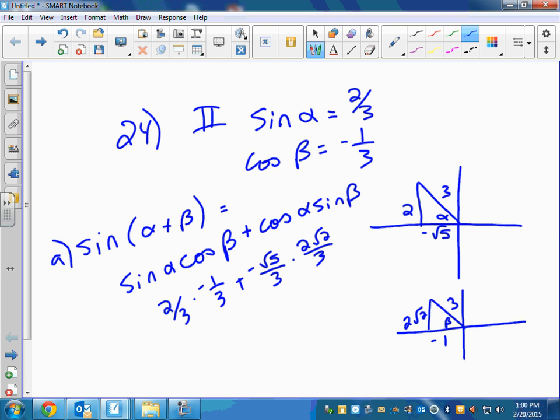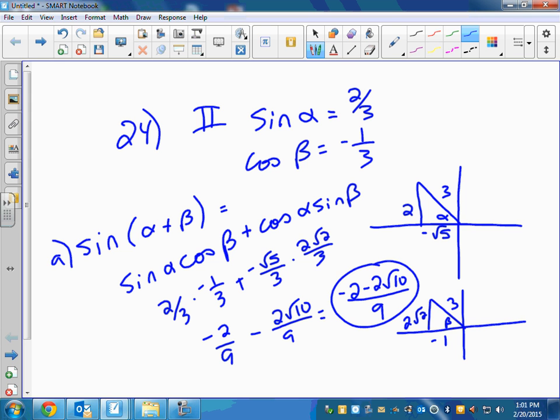So multiplying I get -2/9 minus 2 radical 10 over 9. The exact answer you could just write like this, or you could type that in your calculator, but if you can just type in your calculator, what's the point of even doing it, right? That would be the exact answer with the radicals.